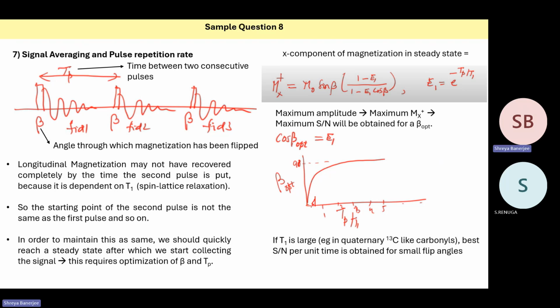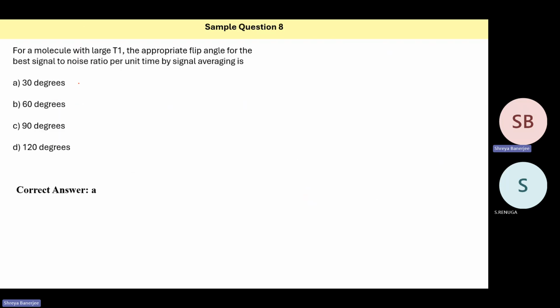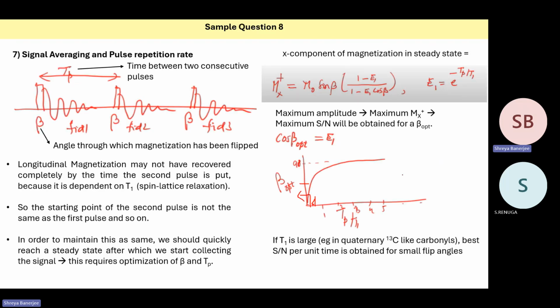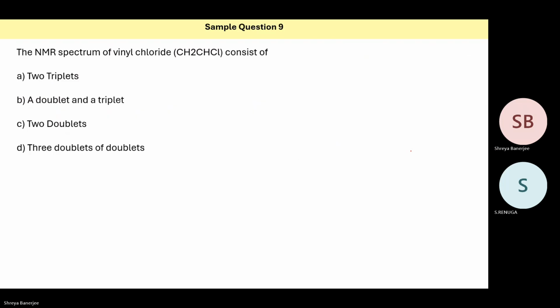It's even smaller, it will be somewhere here. So the flip angle is very small. If this is 90 and we consider half of 90 at 45, the flip angle is even less than 45 degrees. In this case, that is 30 degrees, that is A. So you just have to remember this graph. You don't have to remember any of the formulas.